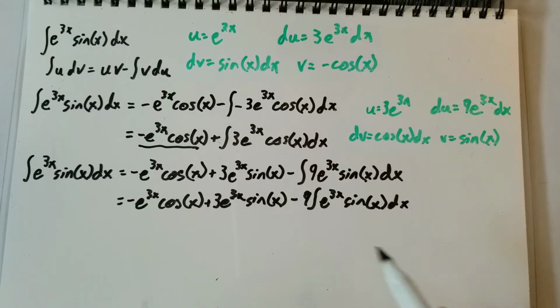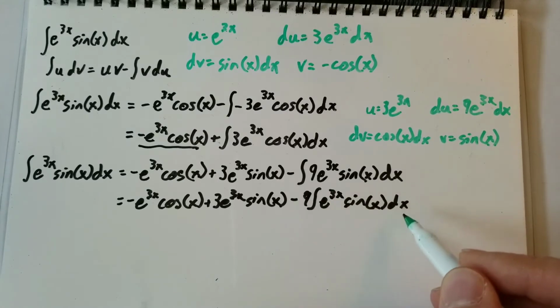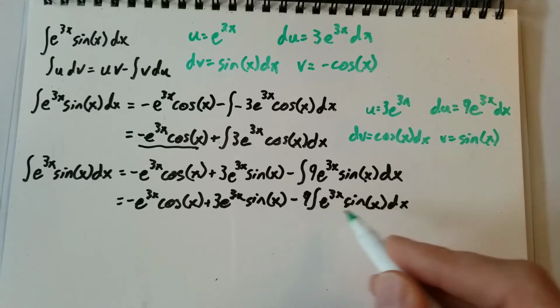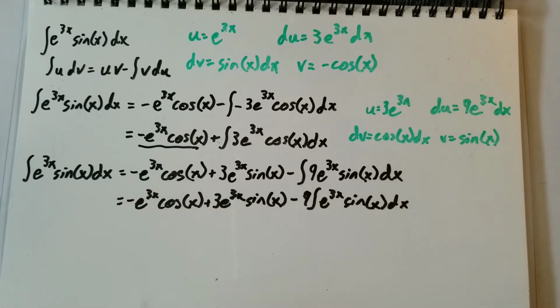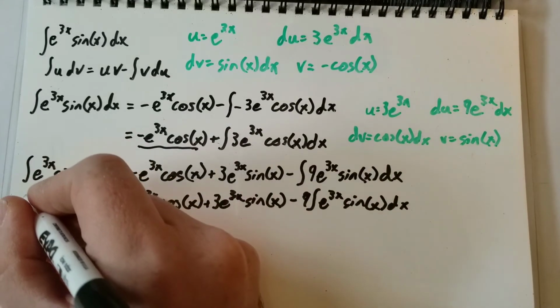Well, if you notice, this integral is still the same as this integral. We just did a loop. We looped right back to where we started. So what we're going to do now is take this and add it to itself to remove it from this side and add it to the left-hand side. So let me rewrite that over here.